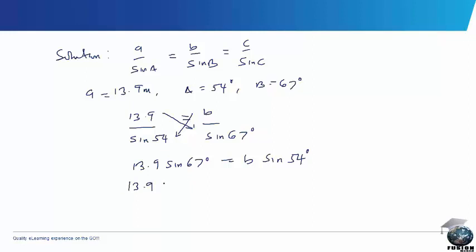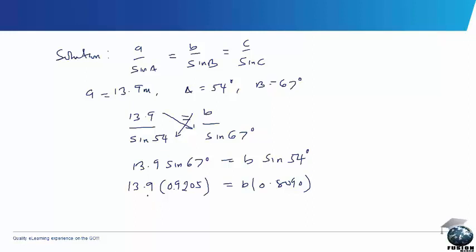So 13.9 sine 67, where sine 67 is 0.9205, is equal to b sine 54, where sine 54 is 0.8090.